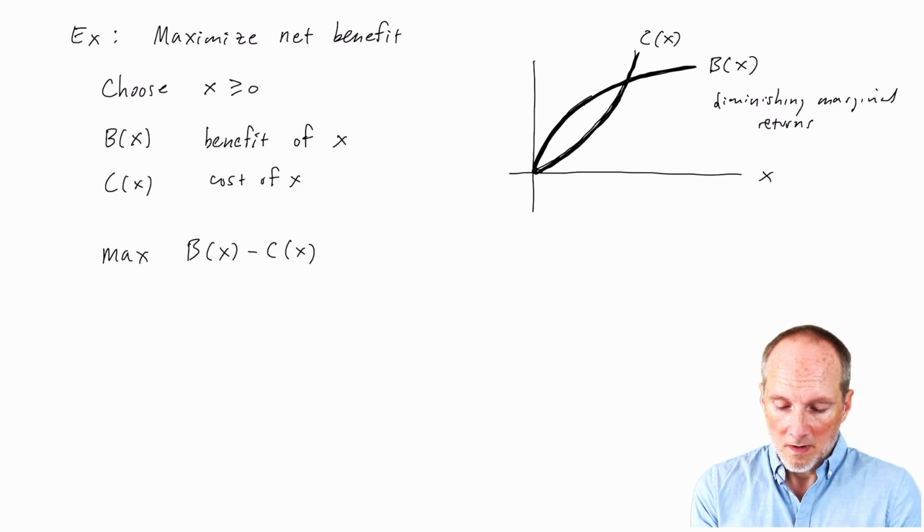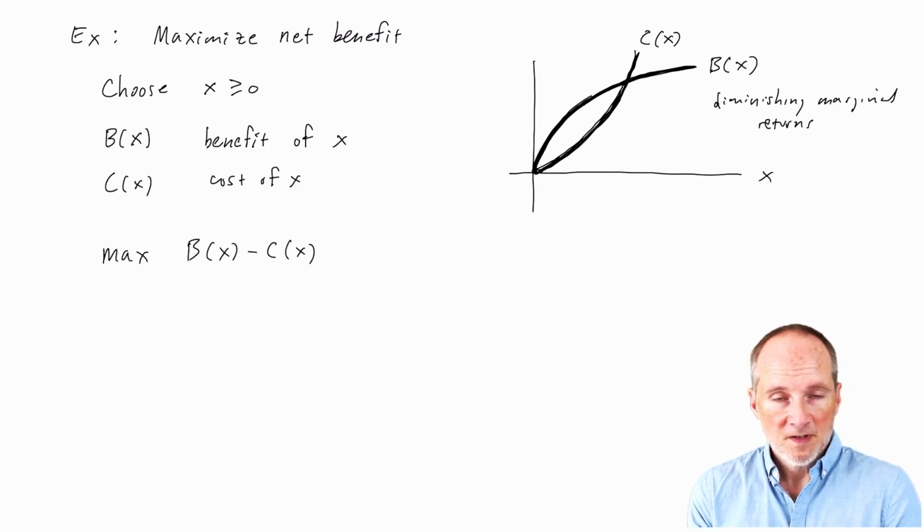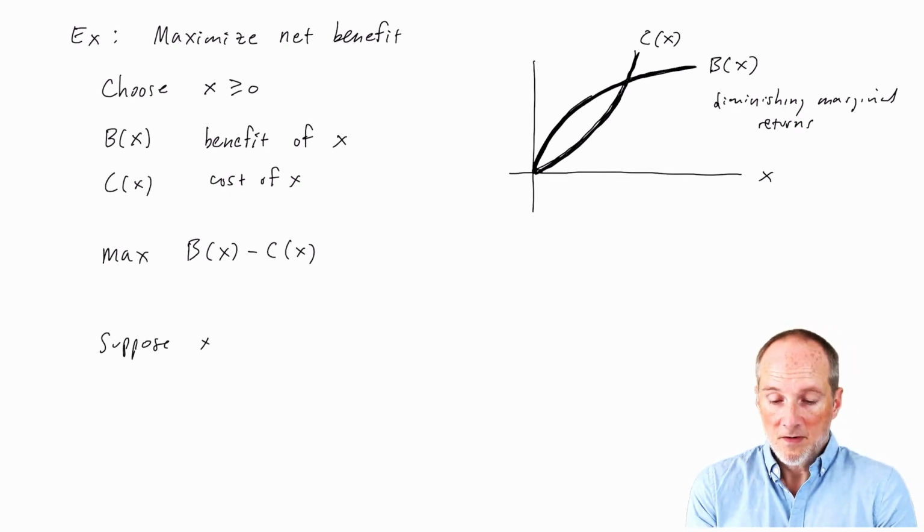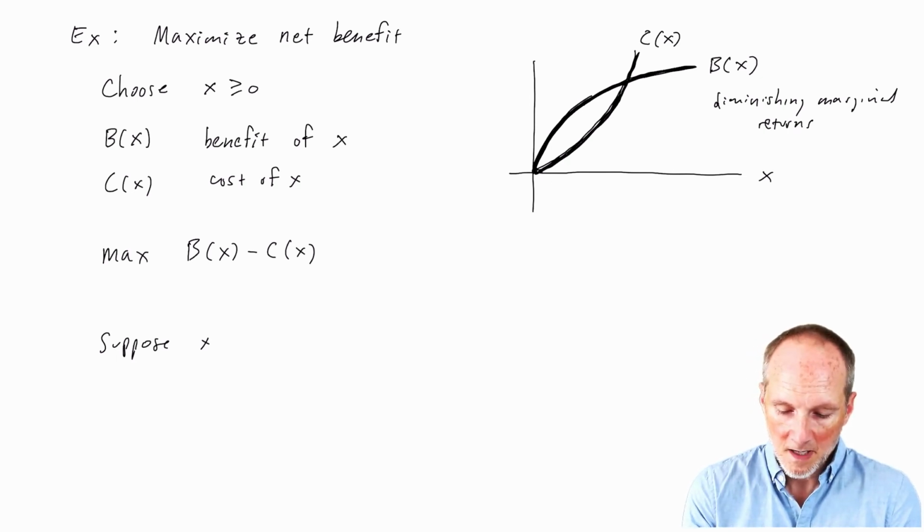So from this result that we just did, we know that if there is some scale that maximizes this benefit net of cost, we know the derivative of benefit minus cost is equal to 0.